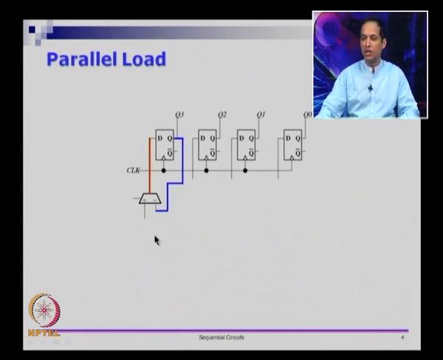If you look at this picture, either the external world input would come into D, or the previous value stored in that flip flop will be fed back, based on the condition that you put for the select signal here. I hope that is clear. If you put select as 0, then it will load from the external world. If you put select as 1, you would get it from the previous value itself.